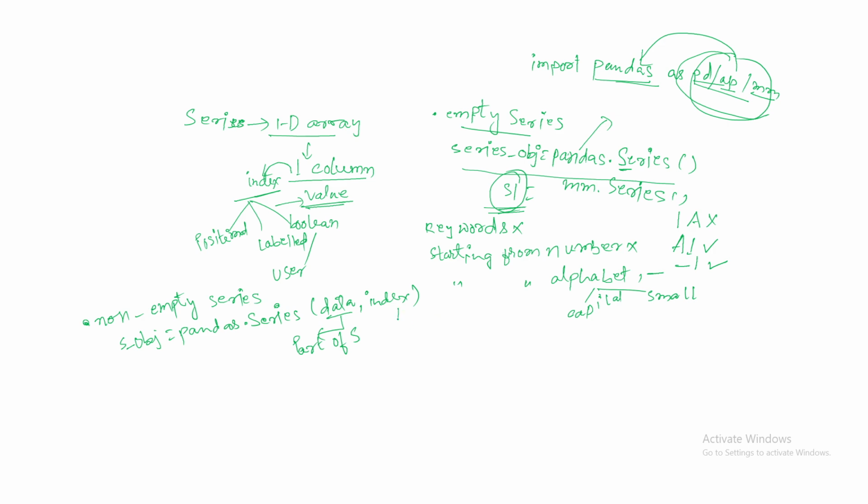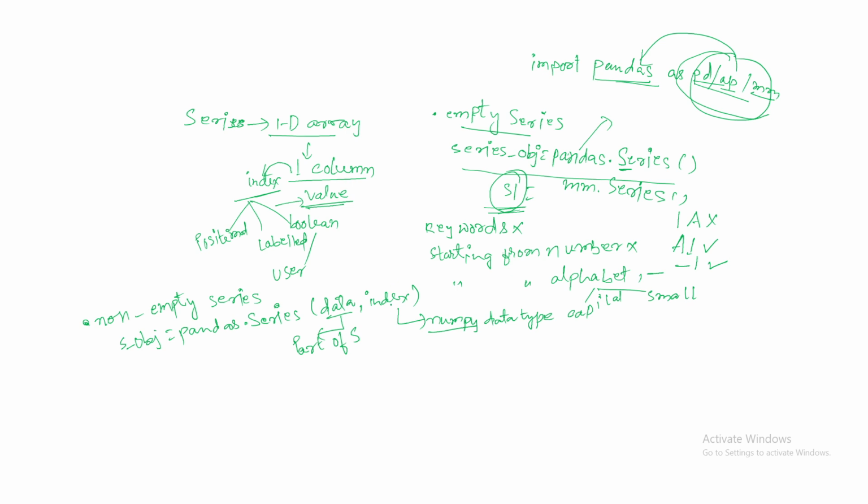What is index? It is a valid numpy data type. Numpy means only numeric values will be accepted, because if you do not provide any index value in the series, it starts with forward index.